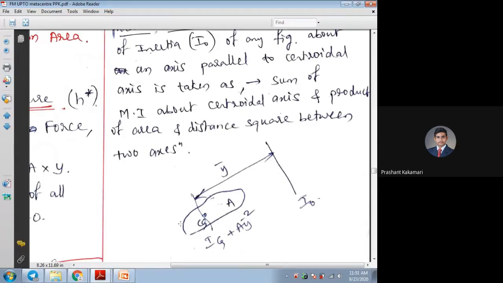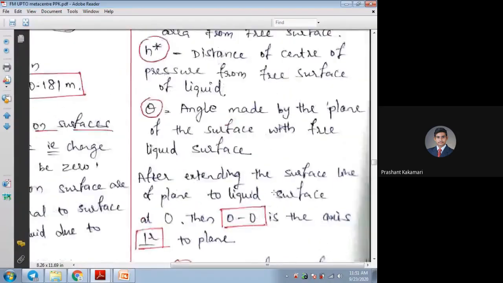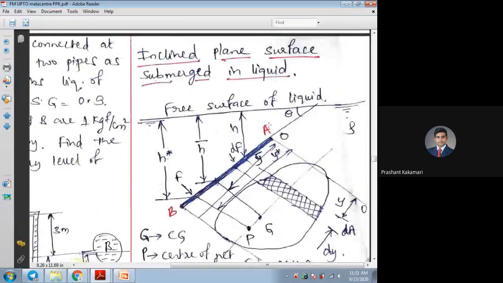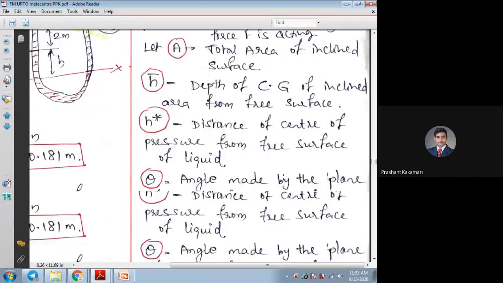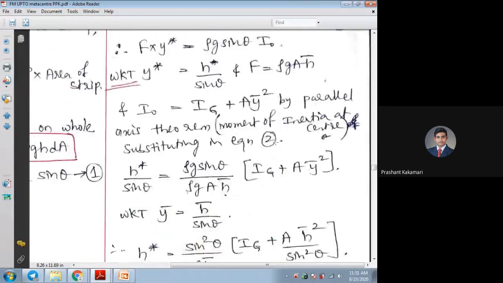So from the parallel axis theorem, the moment about which it is acting, we considered point A, the tip of the surface A. From this the moment is acting, so that's why we have written Ig plus A y bar square.